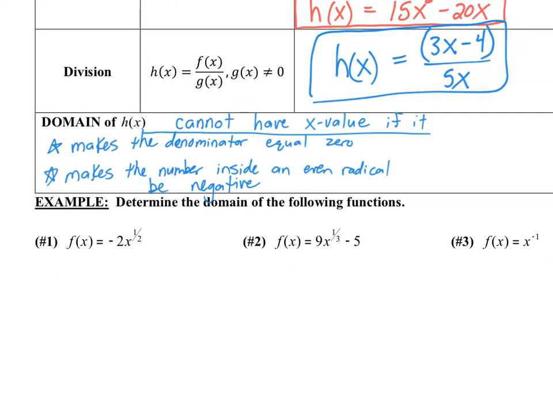Okay, so when you're thinking domain, think cannot make the bottom 0, cannot make a negative number inside of an even radical. Okay, in an even radical. That's important to note too, that it's okay if it's odd, but if it's even, we can't have that. Okay, so that's how we can determine our domain. x is everything except for a number that makes the bottom 0 or makes an even radical be negative.